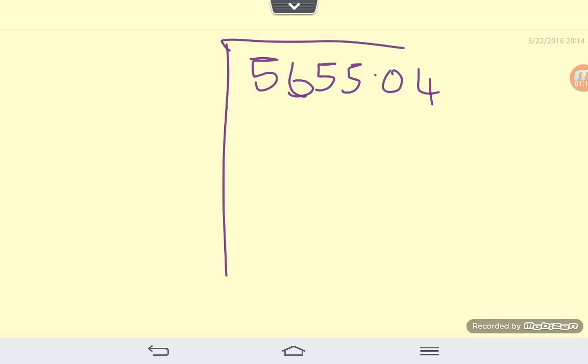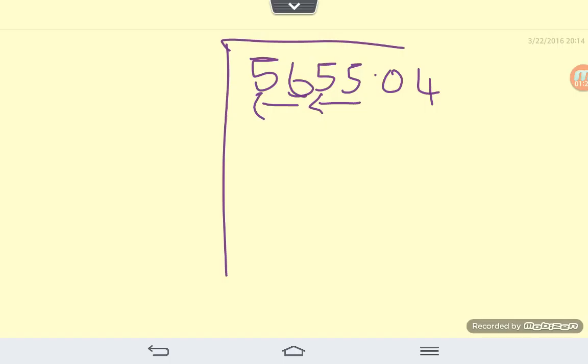5655.04. Let's make pairs. But when you're making pairs towards the right side of the decimal, you need to make pairs from your ones place, as I explained in the previous video.